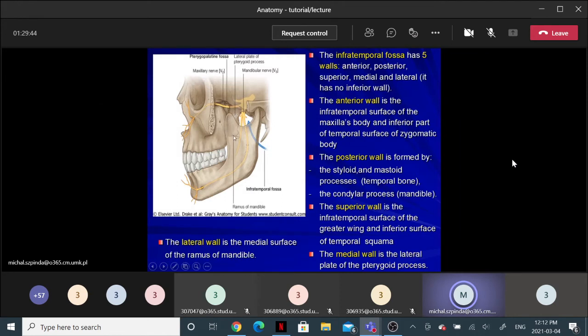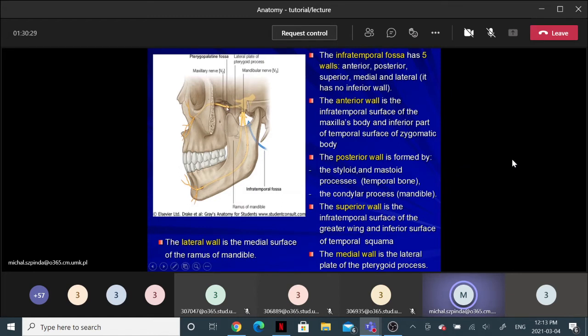The lateral wall is composed of the ramus of mandible. The medial wall is just here. It's composed of the lateral plate of pterygoid process. We can shorten this name to lateral pterygoid plate. Just in front of the medial wall is a doorway.